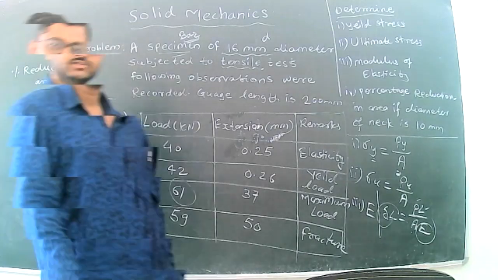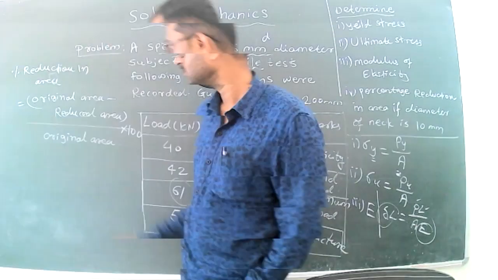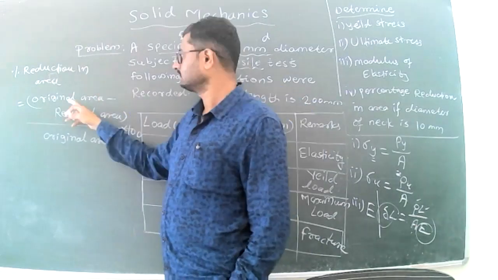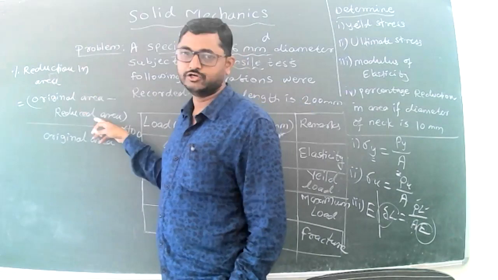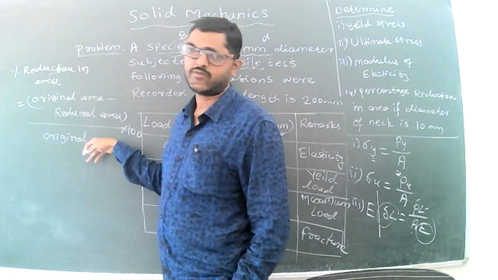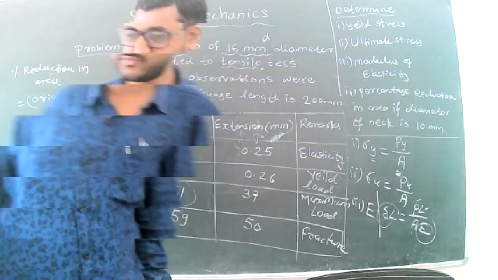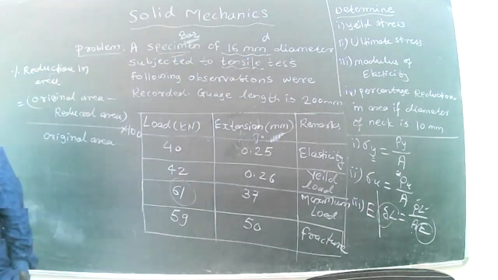We have to use this formula. Percentage reduction in area is nothing but original area minus reduced area divided by original area into 100. So let us find the unknowns one by one.